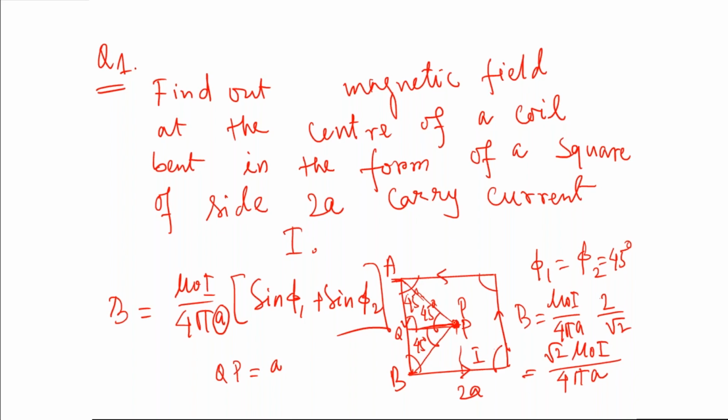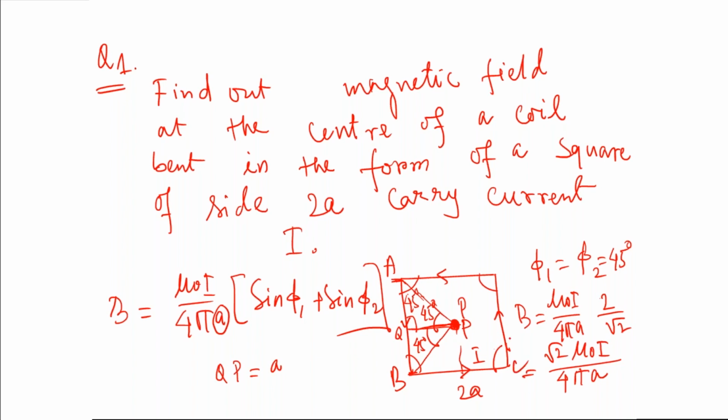So all the magnetic fields will be additive. For AB, for BC, for CD, and DA, the magnetic fields are additive at this point.